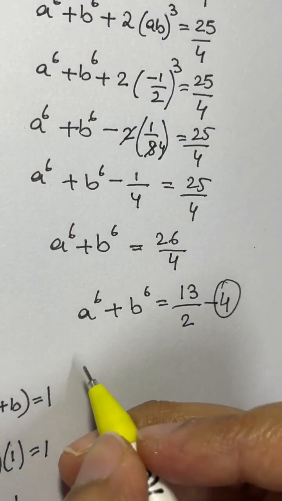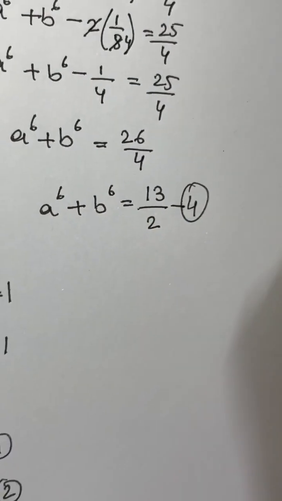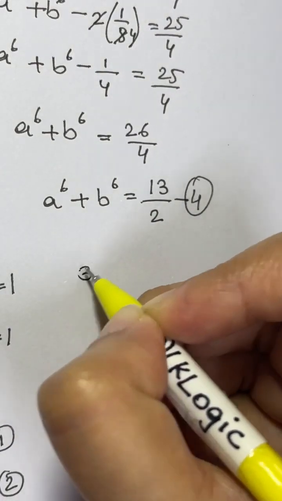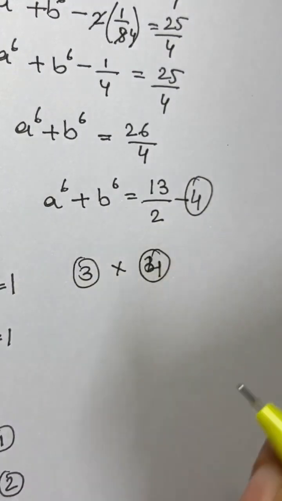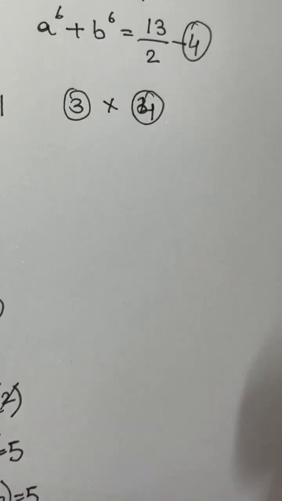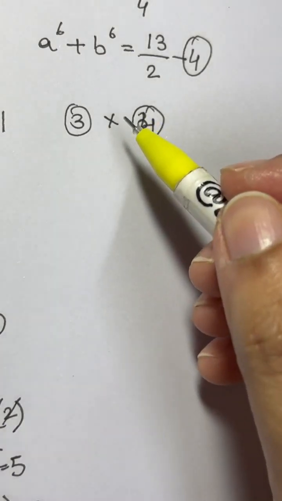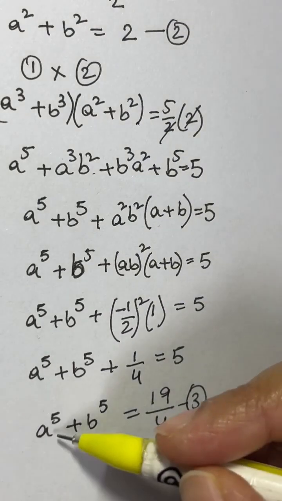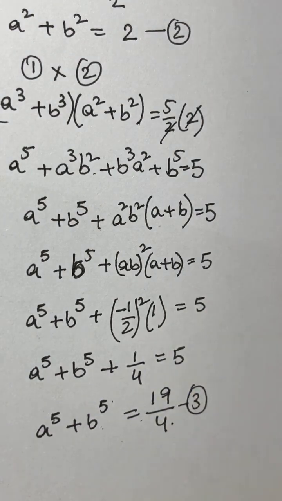Okay, so as you now have equation 3 and equation 4, we are going to multiply equation 3 and equation 4. What was our equation 3 and equation 4? Equation 3 was a to the power of 5 plus b to the power of 5 is 19 over 4.